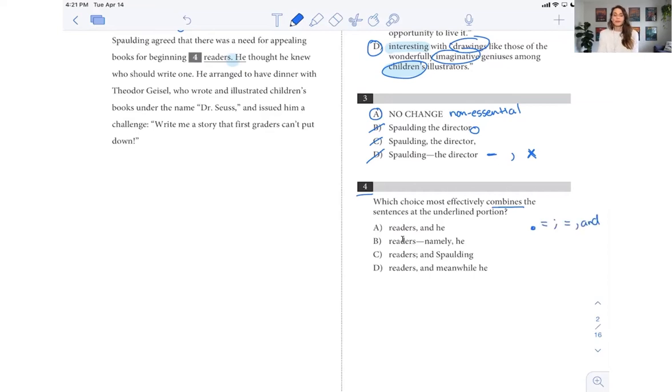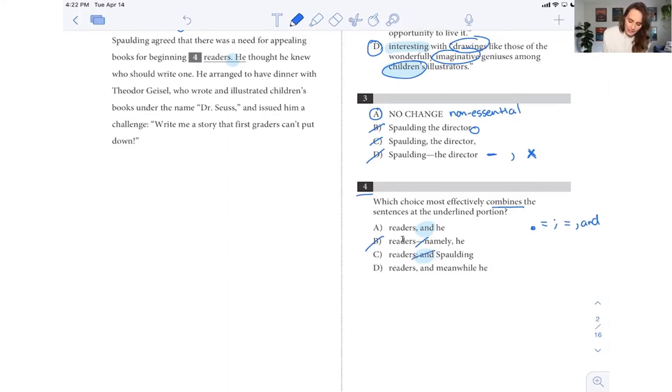Note that if we're replacing that period with a semicolon, the semicolon by itself would replace the period. We wouldn't need a semicolon with the word and. So here we have a comma and. Let me actually just use a highlighter. So that's great. A dash is not going to be equivalent to that. So B's out. Here we have a semicolon with an and. That's problematic because remember, you could have a comma and or just a semicolon by itself.